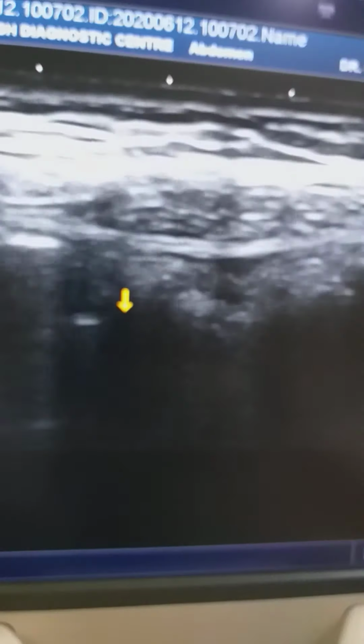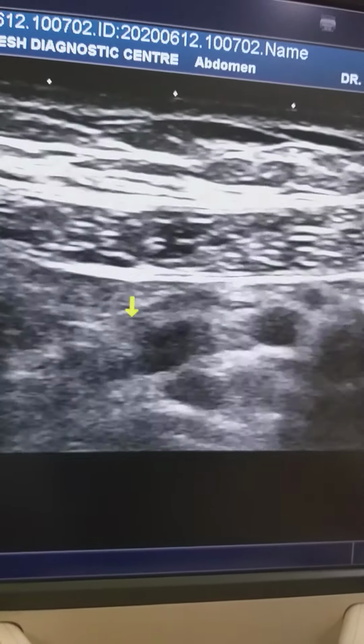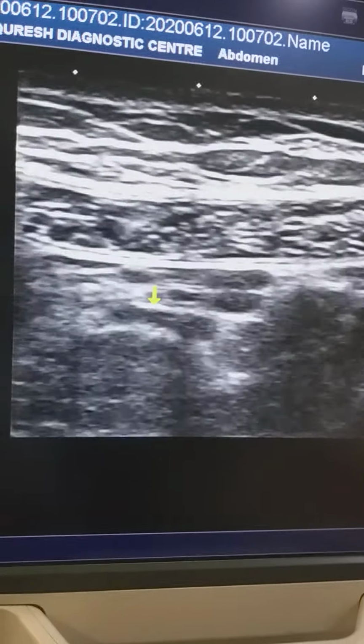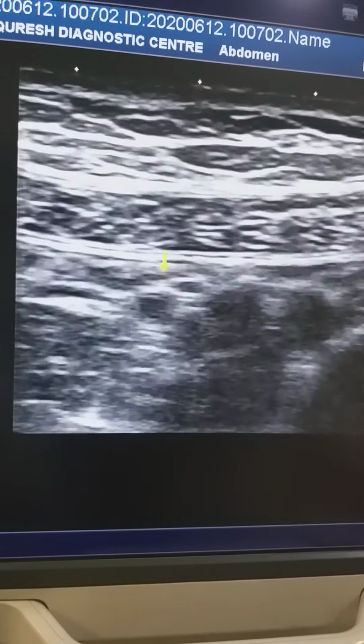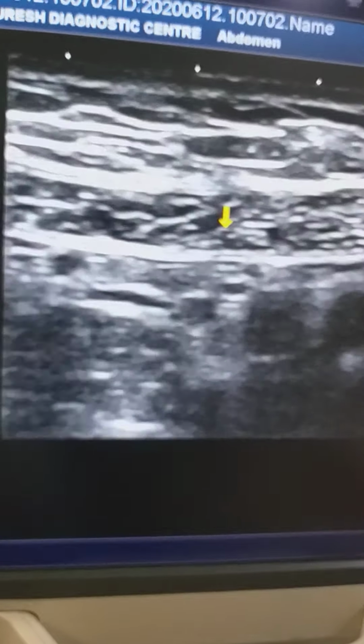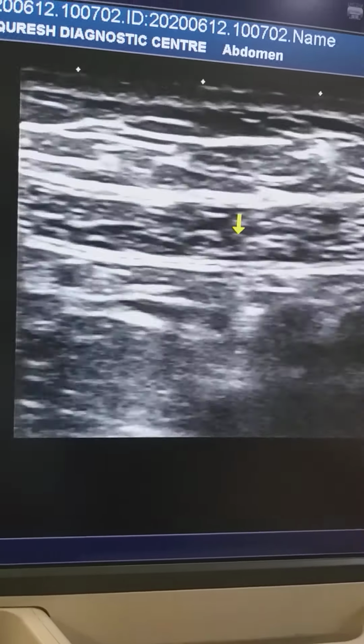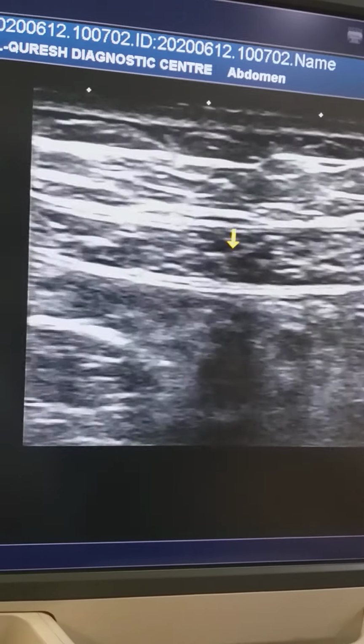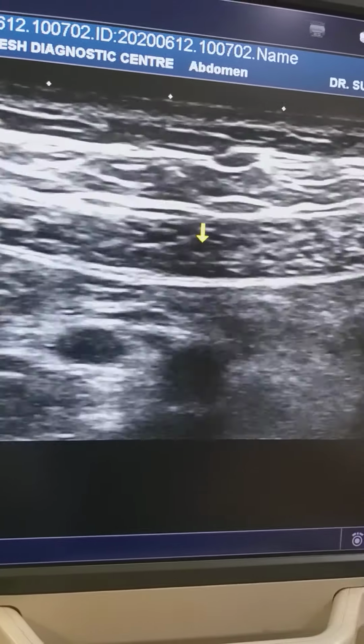So we place the probe in a transverse way, just lateral and inferior to the umbilicus, and we identify the rectus abdominis muscle. This is the rectus abdominis muscle medially, and here we locate the inferior epigastric artery.